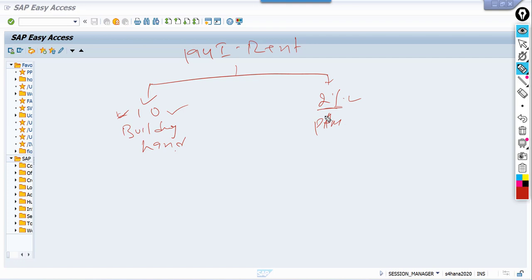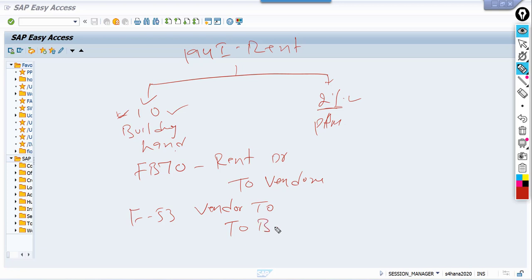So in this context, whenever we are making the entry from FB70 for a rent invoice, this is before TDS. Let me take rent to vendor. I am paying in 2 steps. Vendor to bank, this is the F-53 entry before TDS.